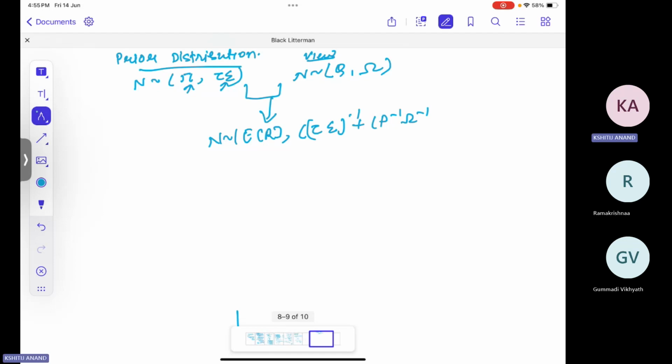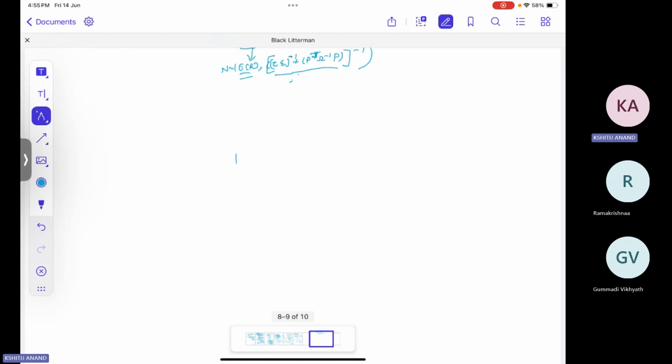This is tau. So this is the variance. This is normally distributed with expected return of this and variance of this. This variance is the first term of the expected return, if you can see.